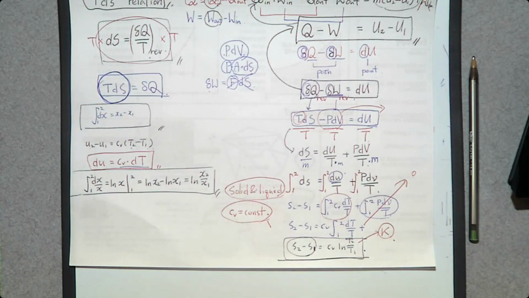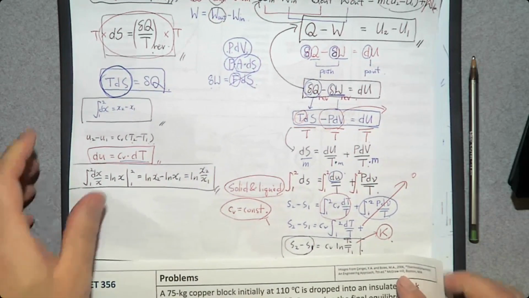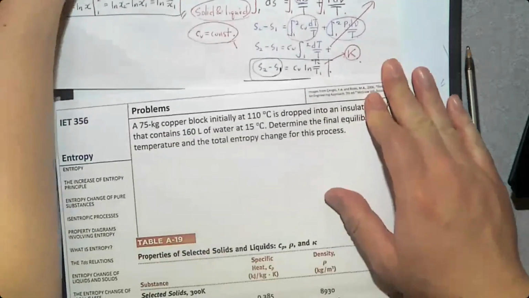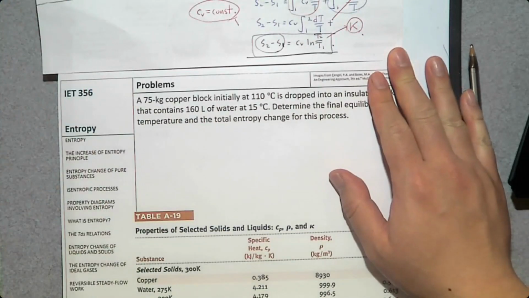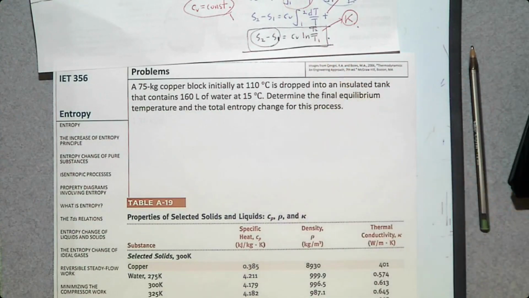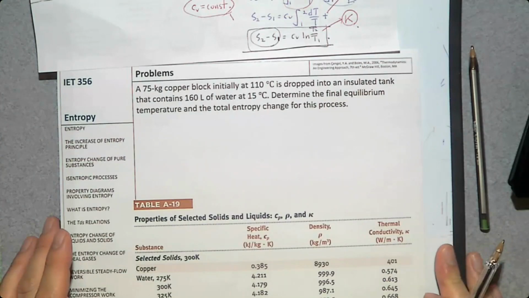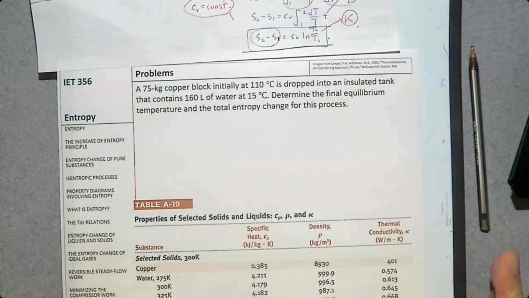Okay? So since we studied one equation, let's solve one problem together, to understand this problem and how to use that equation. So we have a 75 kilogram copper block initially at 110 degrees Celsius.